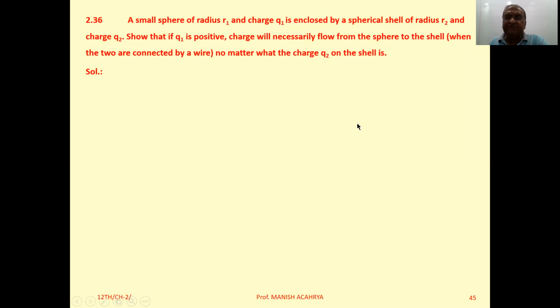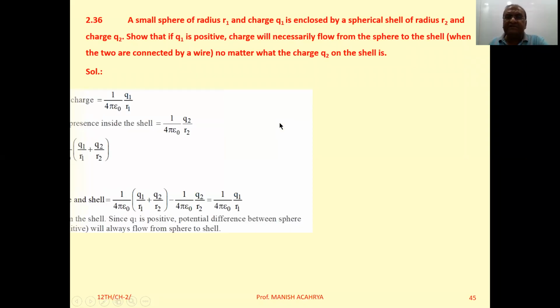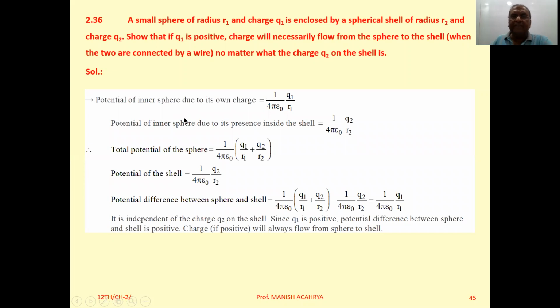So in this case, first of all, we have to calculate the potential on each one. Say the radius of the inner sphere is R1 and the charge on it is Q1. So the potential at the surface of the inner sphere due to its own charge is 1 upon 4 pi epsilon 0 Q1 by R1.